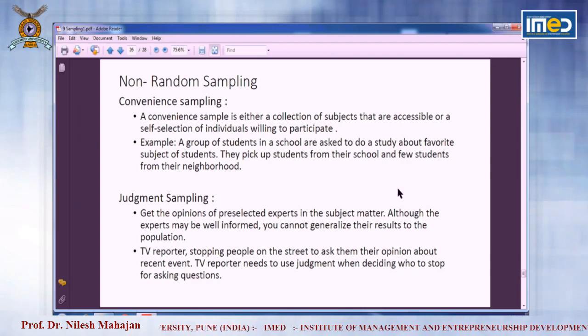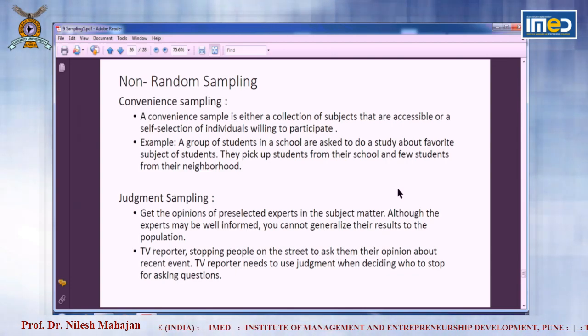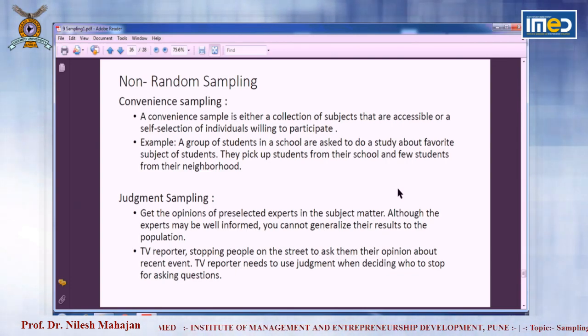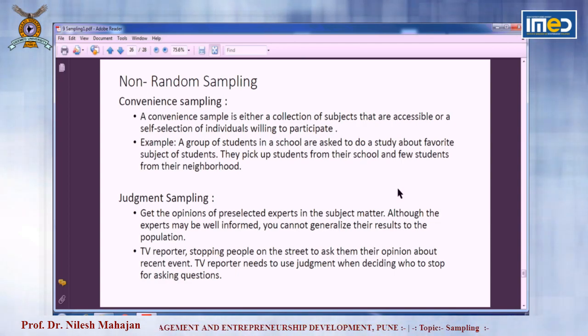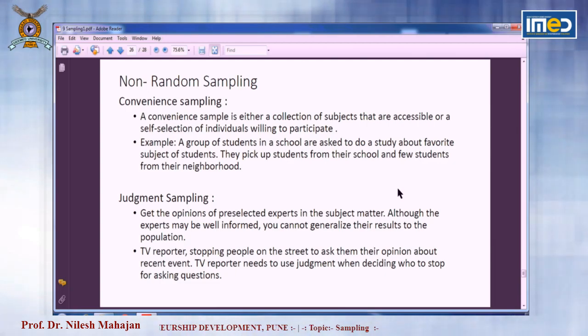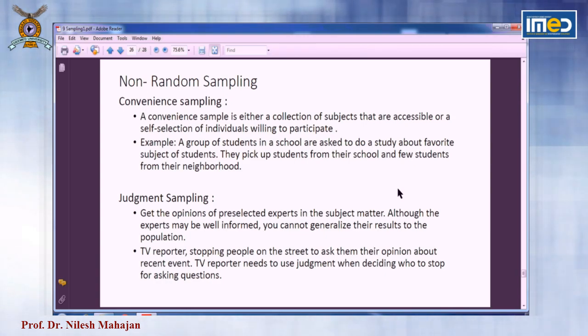And in the judgment method, we get the opinions of a pre-selected expert in the subject matter. Although the expert may be well informed, you cannot generalize their results to the population. The example is a TV reporter stopping people on the street to ask their opinion about a recent event.